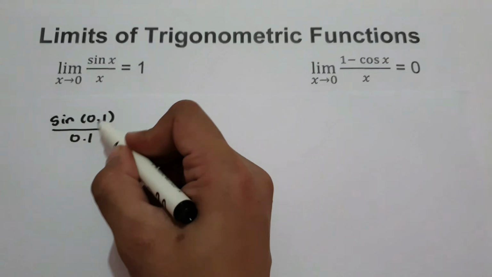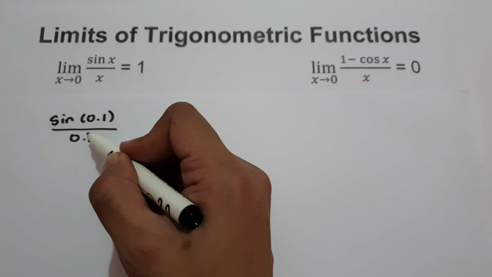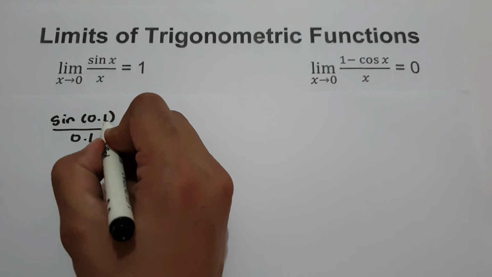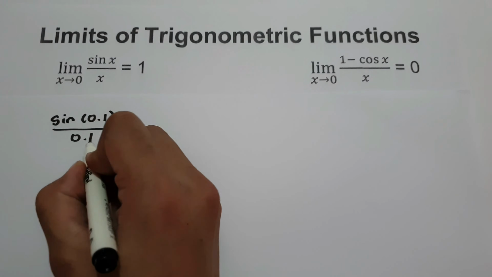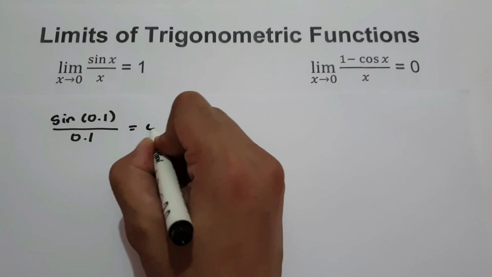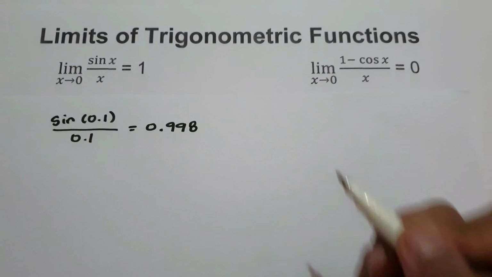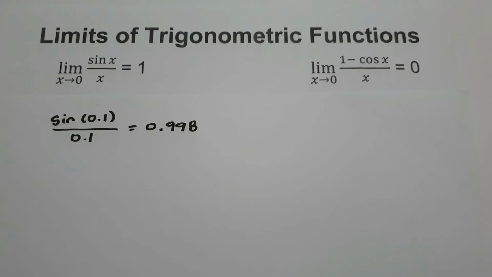If you are going to type this on your calculator, make sure your calculator is in radian mode. So sine 0.1 divided by 0.1, that is 0.998. So let's try another number which is closer to 0.